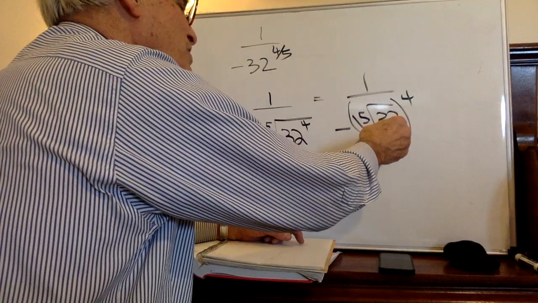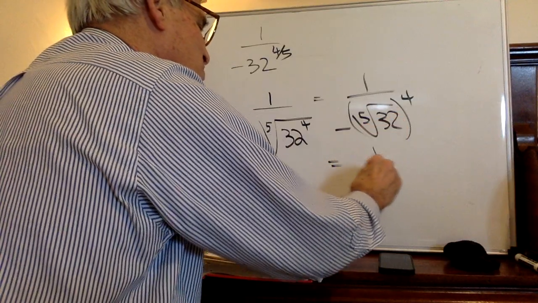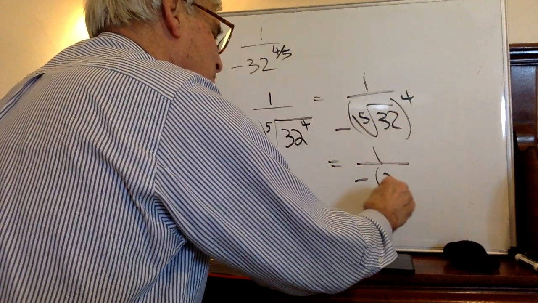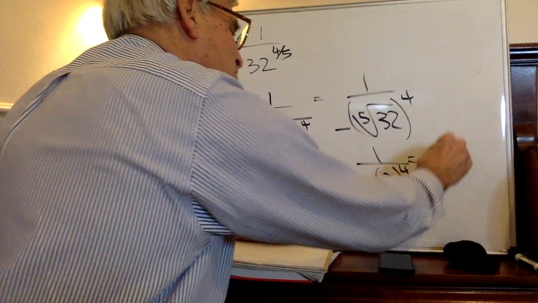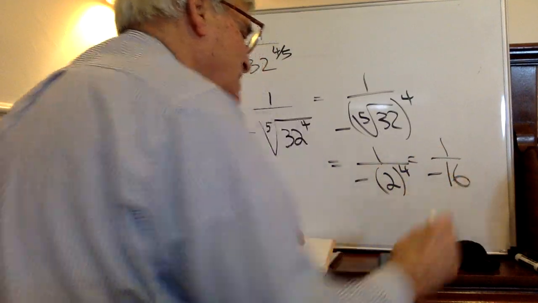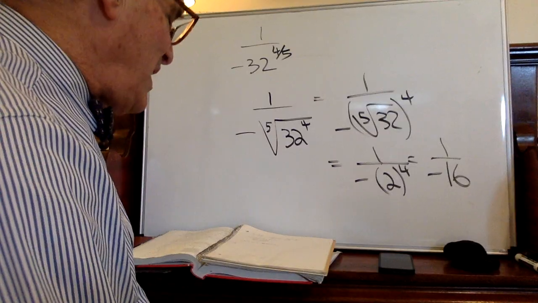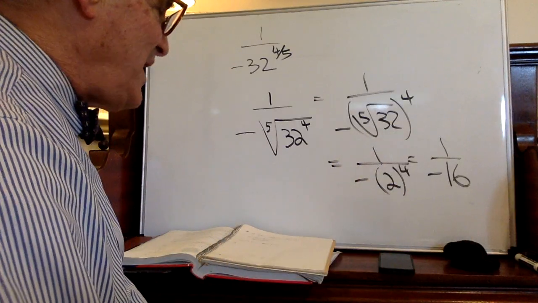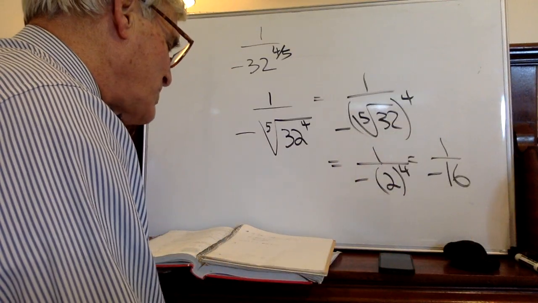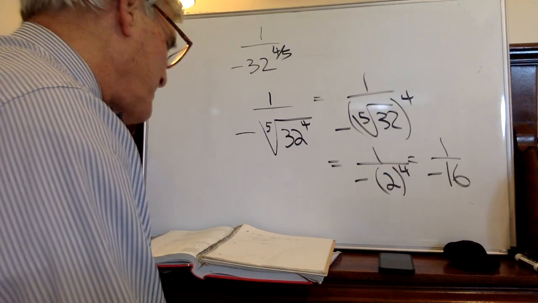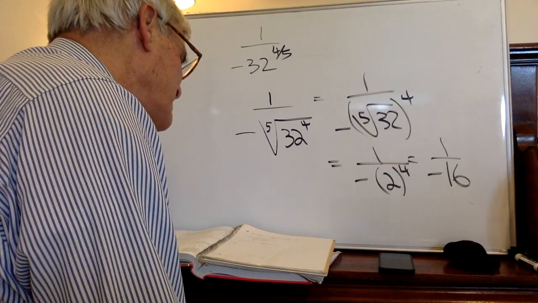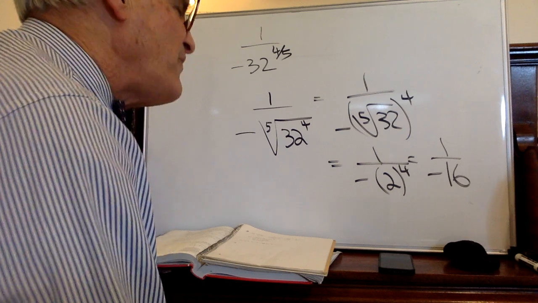The fifth root of 32 is 2, so this becomes 1 over minus 2 to the fourth, which is 1 over negative 16, or minus 1/16, or negative 1 over positive 16, any way you want to write it. But the answer is negative 1/16.